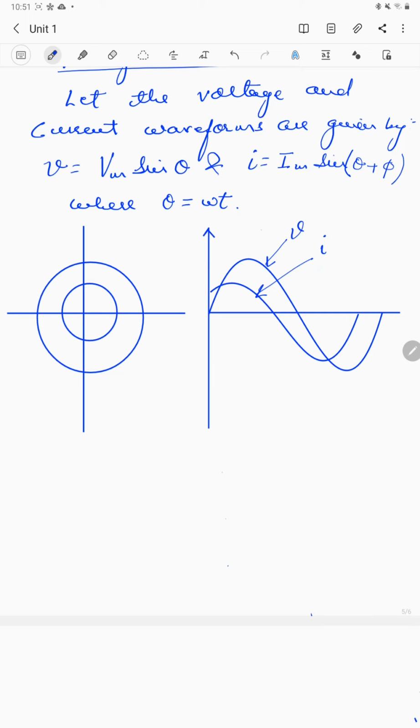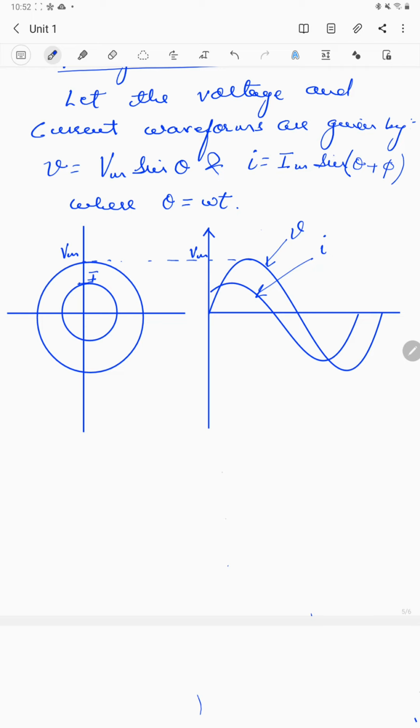We are representing both of these waveforms in phasor form, and as you can see, this will be Vm, the maximum voltage, and this must be Im, the maximum current.